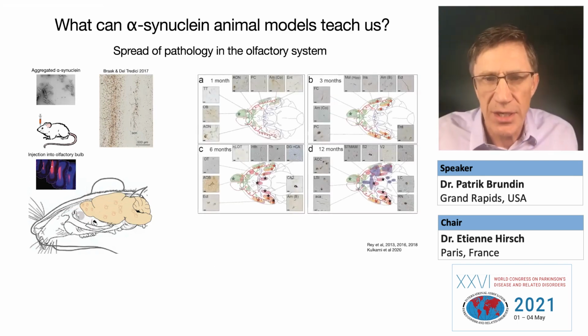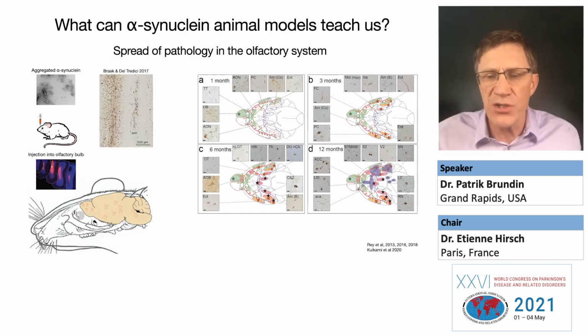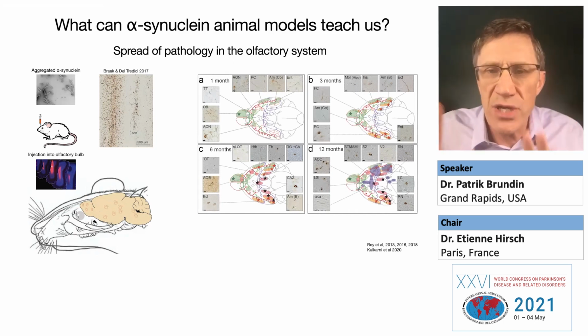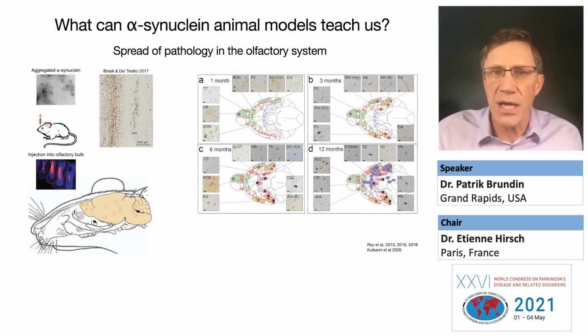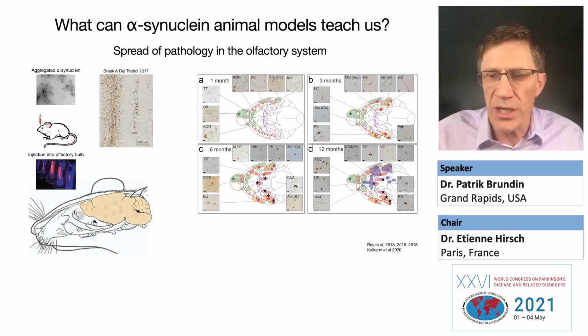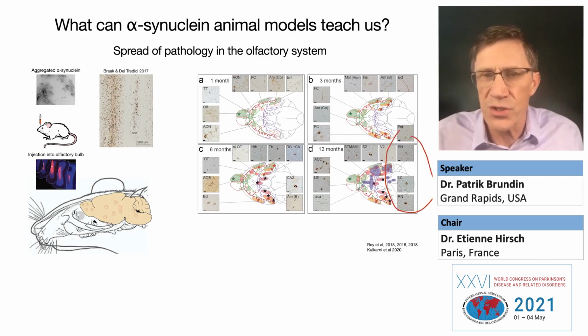And here are just some snapshots from 1, 3, 6, and 12 months after the injection. And you see an increasing number of brain regions are engaged with Lewy pathology, synuclein aggregates. And eventually, at the very end of this particular study here, you can see in the brainstem that there are actually aggregates in nigra and locus coeruleus and raphe nucleus.